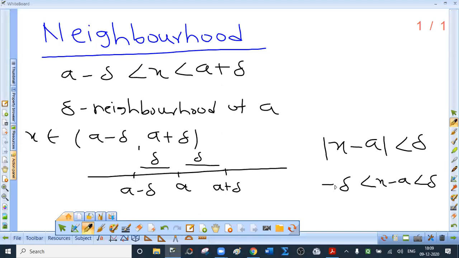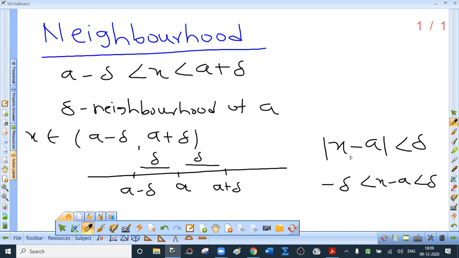Add a, so that is a minus delta less than x less than a plus delta. See, I have written the same thing. So delta neighborhood of a can also be written as mod of x minus a less than delta.